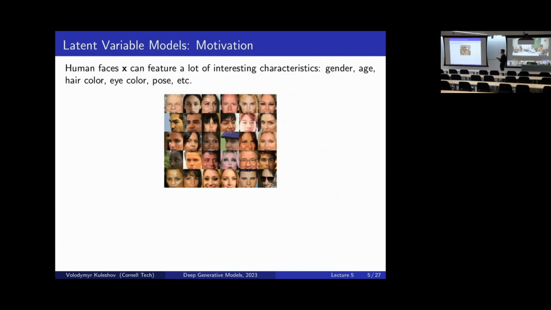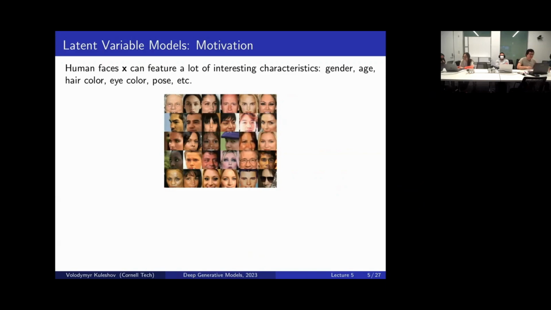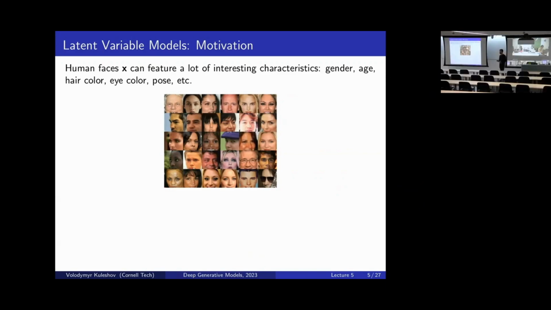And ideally, we would like our algorithms to be able to capture these factors of variation. This could be useful if we wanted to later generate objects with a certain set of properties. If we wanted to manipulate images, it could be useful to automatically discover what the key factors of variation are. But more generally, this is also an interesting scientific problem.